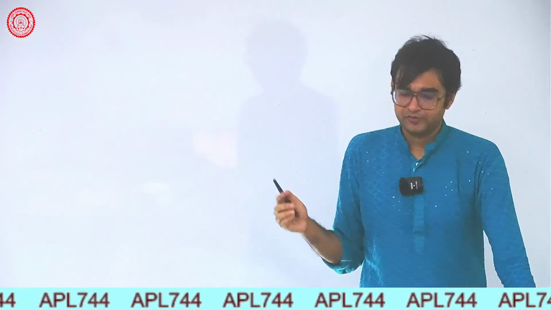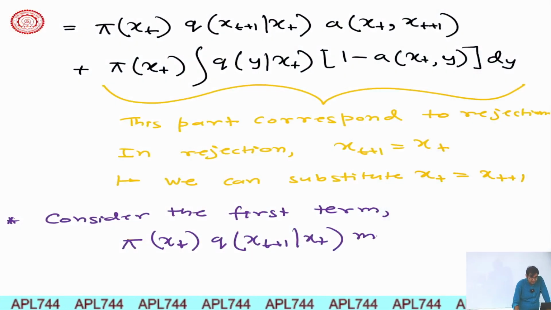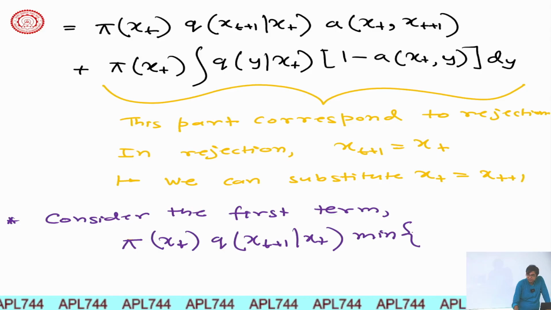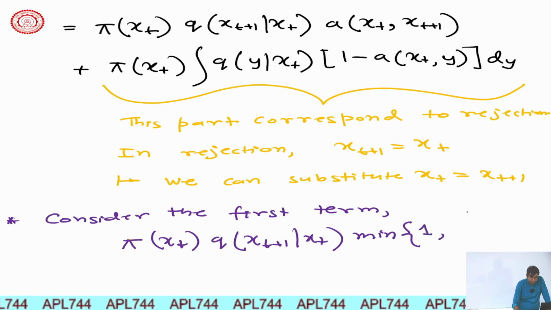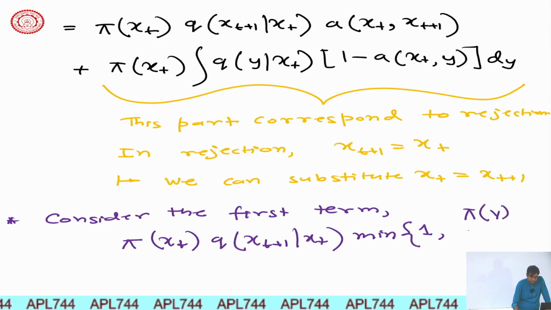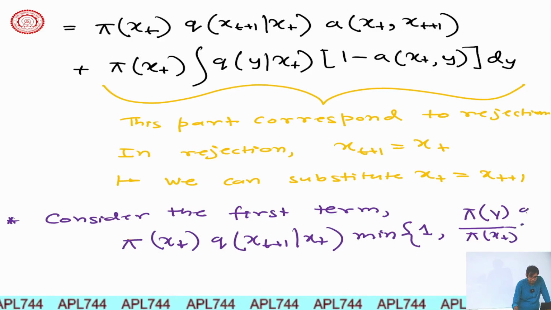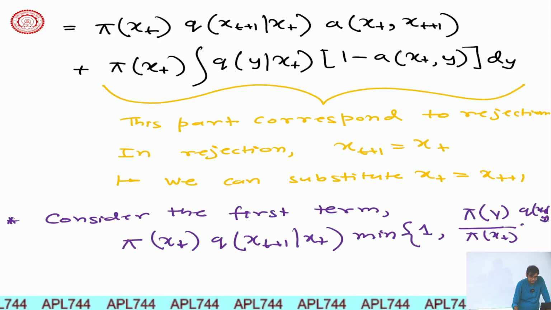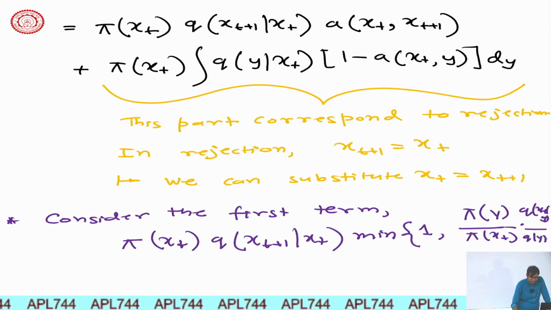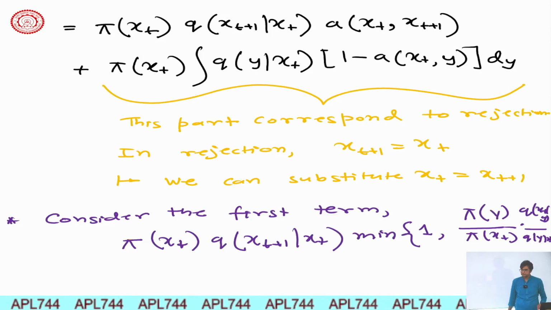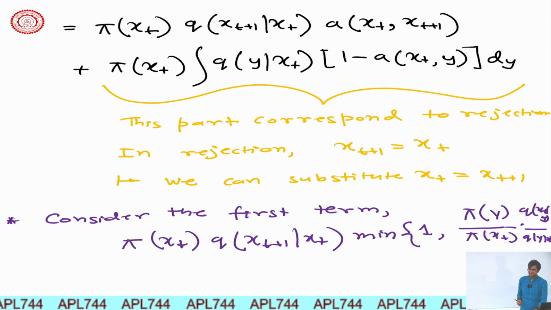Minimum of 1 comma pi of y by pi of xt q of xt given y multiplied by q of y given xt. Okay. Correct? Clear? What will we do? We'll push whatever is outside inside the minima.